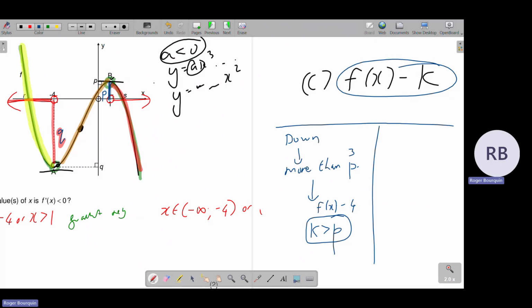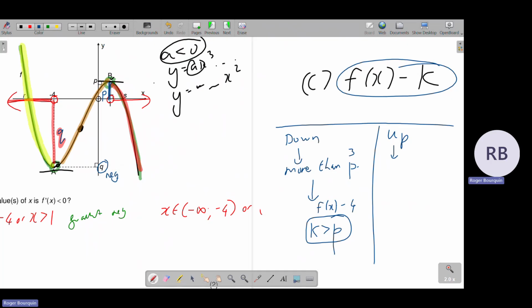Then Q. How do you have to move it upwards? If you move it up, you have to move it up more than Q, right? But be careful, it's a bit tricky because Q is the y coordinate. So this is a bit confusing, a negative number, right?